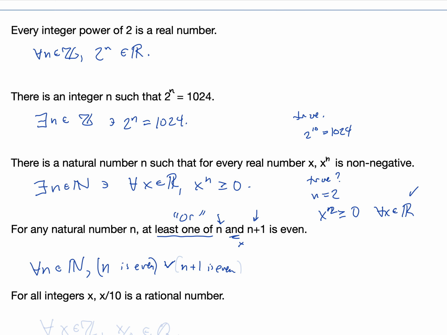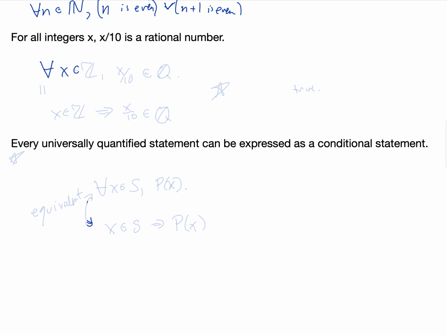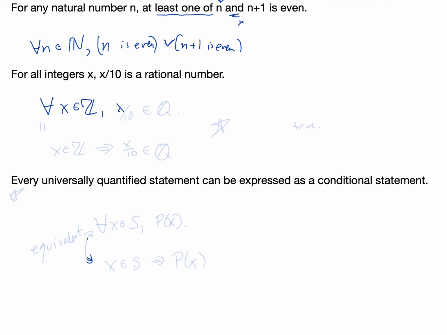Next, we have that for all integers x, x over 10 is a rational number. For all x in the integers, x over 10 is an element of the rationals. Yes, that is a true statement as well. One quick note, you could have also written this in the form x, an element of the integers, implies that x over 10 is an element of the rationals, and those two ways of phrasing the statement would be logically equivalent.